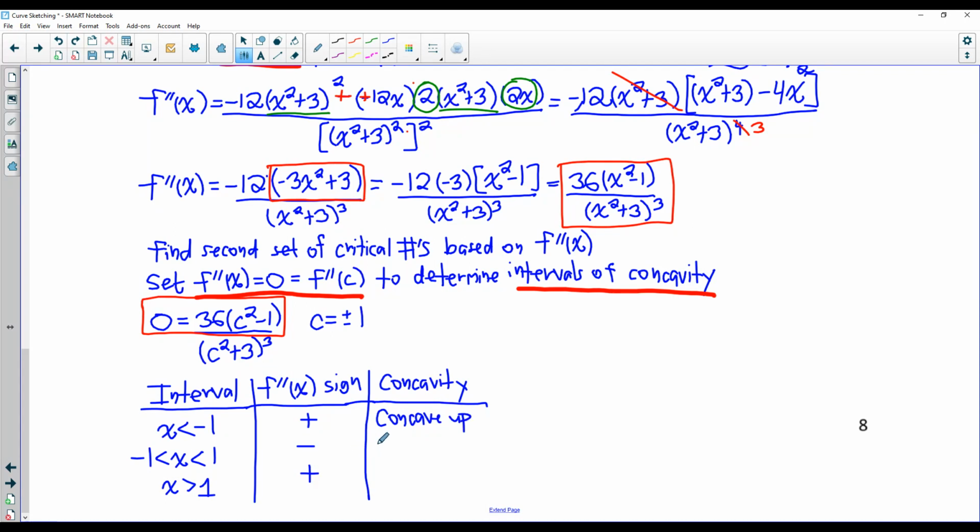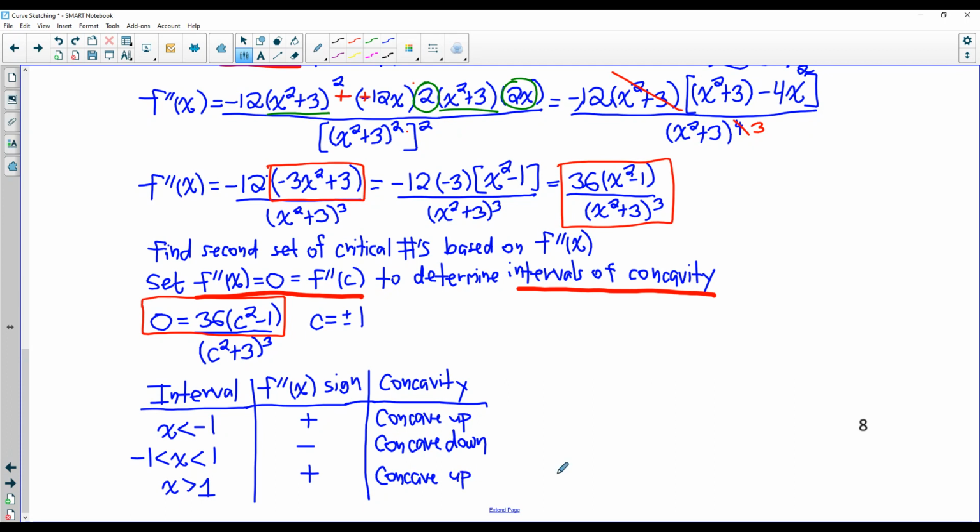If f double prime of x is negative in an interval, it means that it is concave down. If f double prime of x is positive in a specific interval, then it's again concave up.